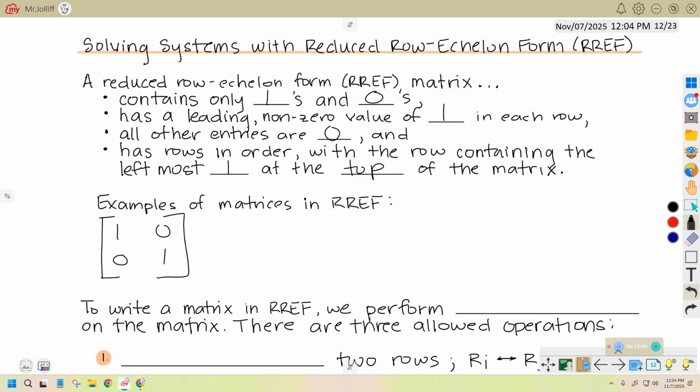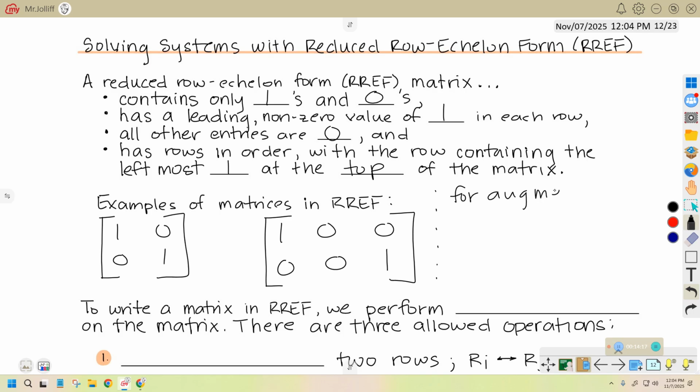Another example, what happens if my matrix isn't square? Could look like that. That's okay. If your matrix isn't square, it can still be reduced row echelon form. For us, what we want is we want the coefficient part to be reduced row echelon form.